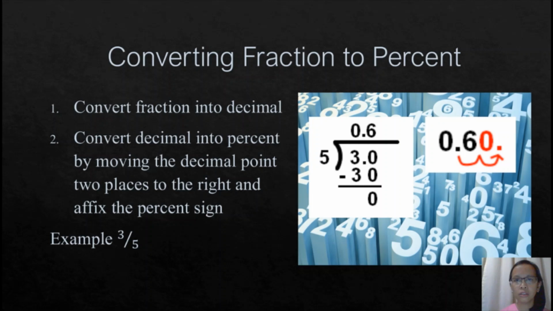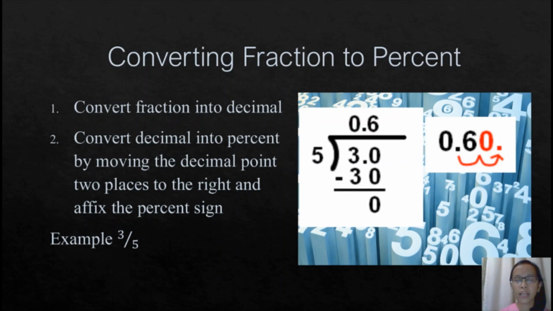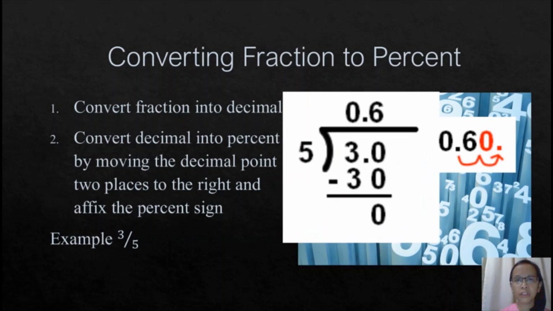Converting fraction to percent. First step, we convert the fraction into a decimal. As we all know, to convert a fraction into a decimal, we simply divide the numerator by the denominator. So 3 divided by 5 is 0.6.